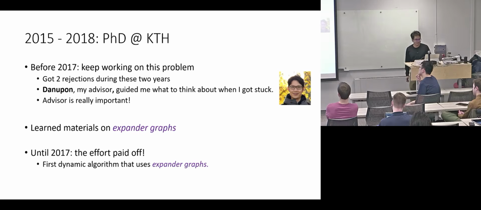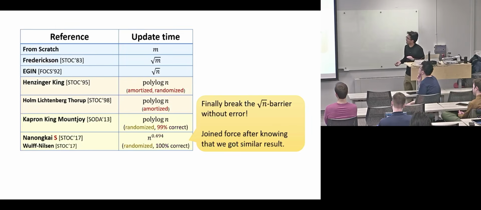So what we managed to show, together with my mentor, my advisor, is that we can improve n to the 0.5, square root n, to something like n to the 0.494. So some improvement. It's randomized still, but at least now it's always correct.